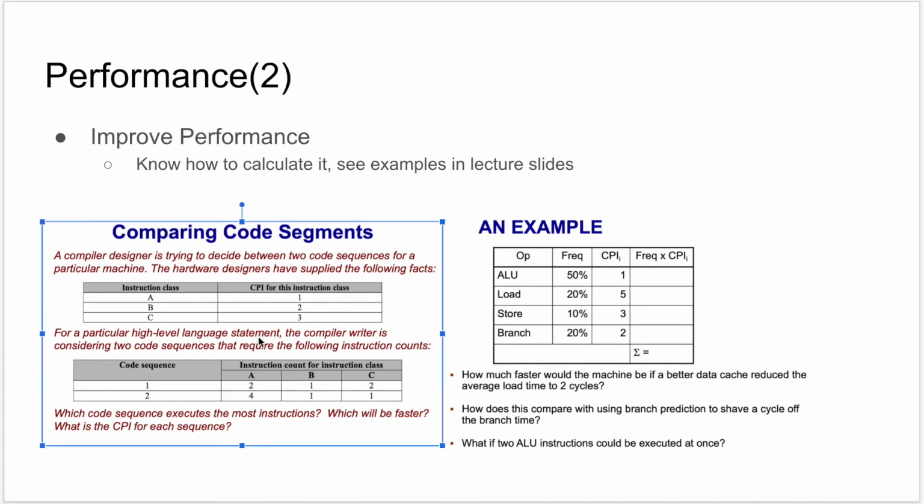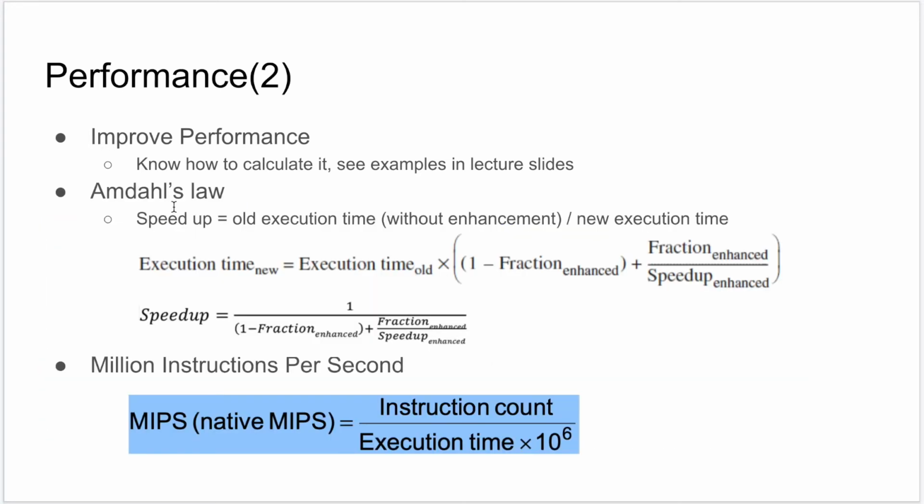Make sure you go through them one by one and know how to calculate the performance improvement. For example, if I have two chips or two design versions, which one is faster, which one has better performance, we need to calculate the CPI or execution time. And then is Amdahl's law.